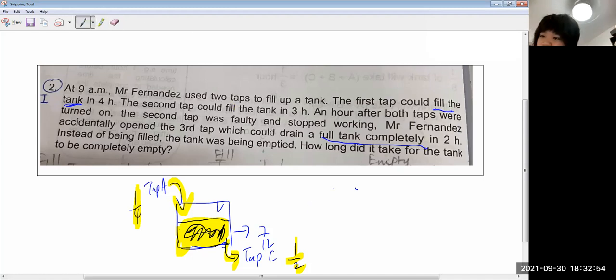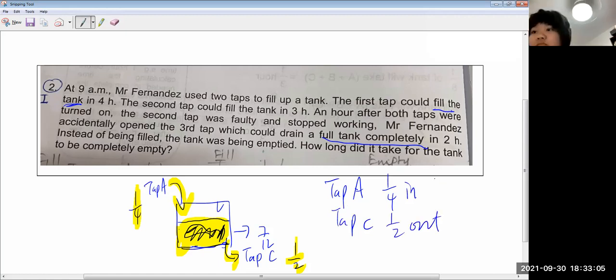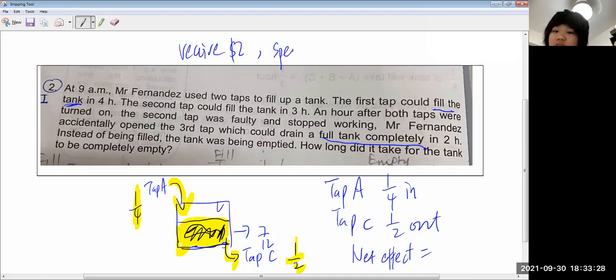If tap A is 1/4 going in and tap C is half going out, can I ask you, what is the net effect? What's the meaning of net effect? I don't remember. Okay, let's say I receive $2 and then you spend $1. The net effect is you still have $1.